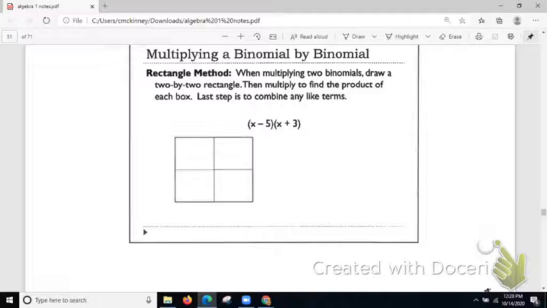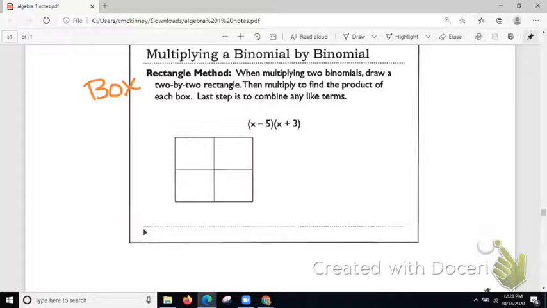If you are very visual, you might like the rectangle method, also known as the box. And so I probably more often call it the box. So if you hear me talk about like you might try the box, this is what I'm talking about.